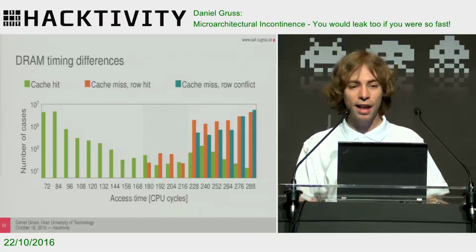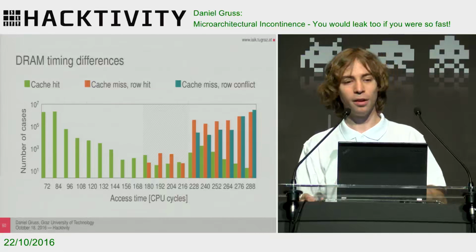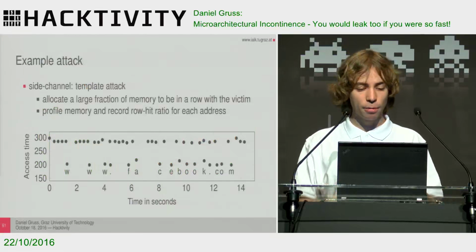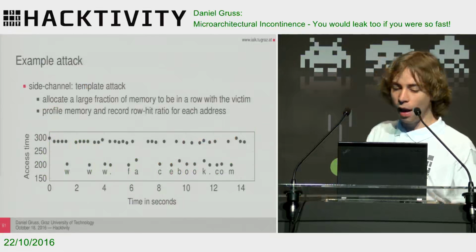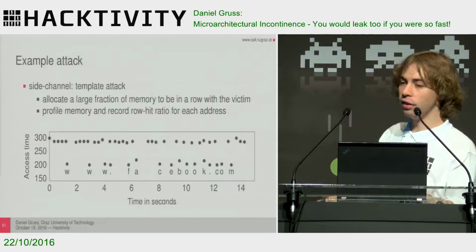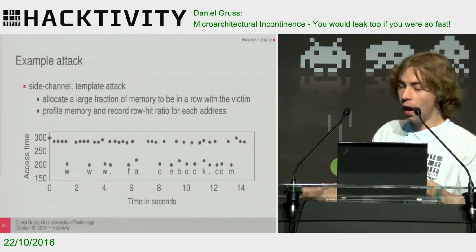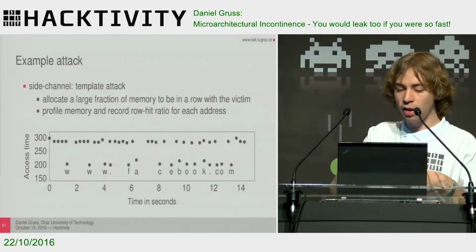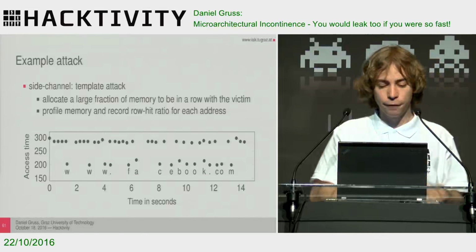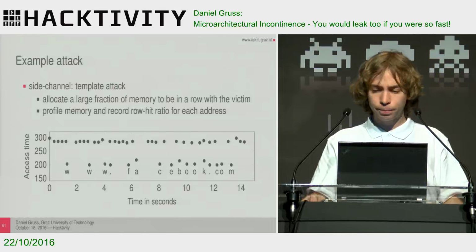So it's basically the same as a flush and reload attack, but on the next level, on the DRAM. And there we can have, without shared memory, again, a keystroke attack. We just profile the memory, record the row hit ratio for each address, and then pick an address that works. And here you can see the keystroke timing log while I entered the Facebook URL in Firefox.